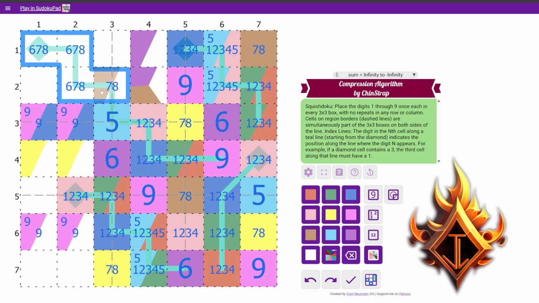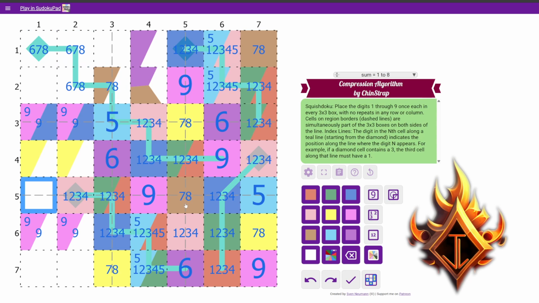So there is a 1, 2, 3, or 4 with that. Don't have any small numbers yet, do I? That's indexing itself. Okay. Oh, this is a... Oh, that's indexing itself too. Alright then.